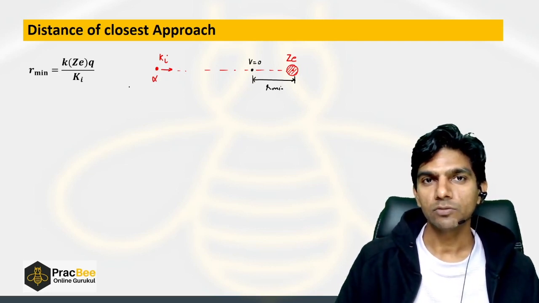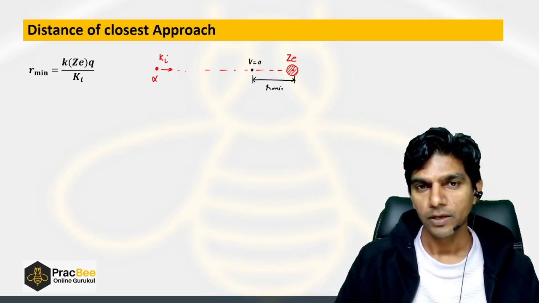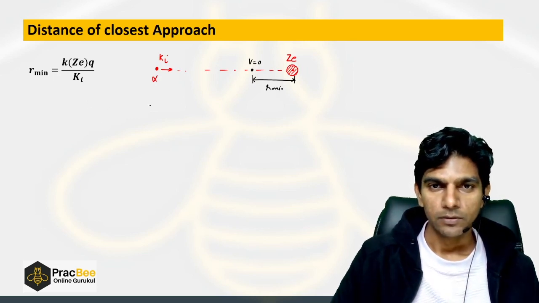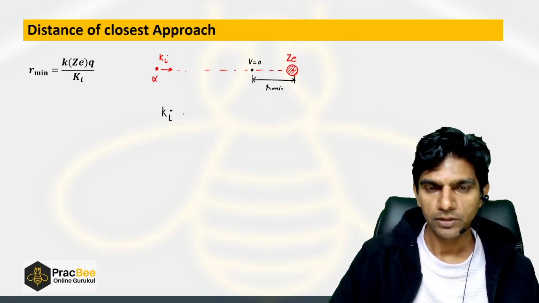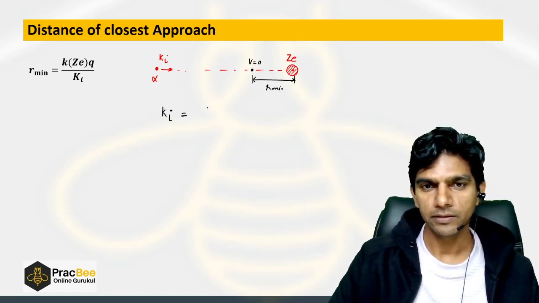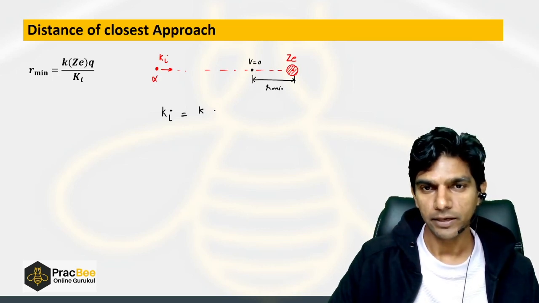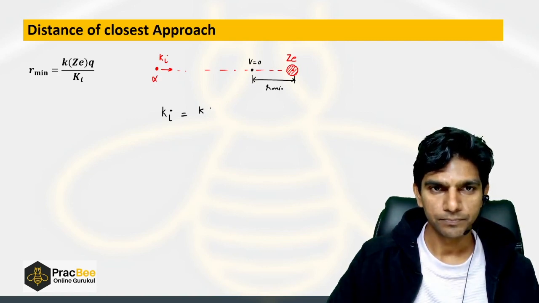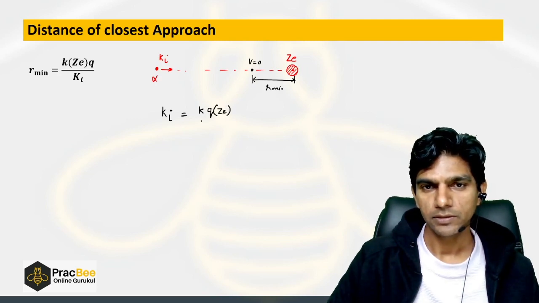So what is happening here? There is a loss of kinetic energy and a gain in electrostatic potential energy. If we want to find this R minimum, we can apply energy conservation. Ki, the loss in kinetic energy, equals the gain in electrostatic potential energy, which will be K Q1 Q2 by R, where Q is the charge of the alpha particle and Ze is the charge of the nucleus, divided by R minimum.